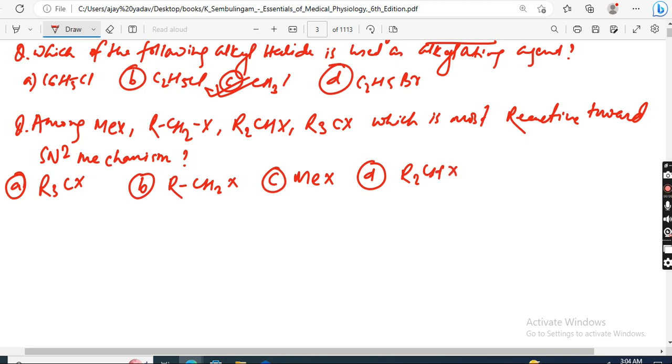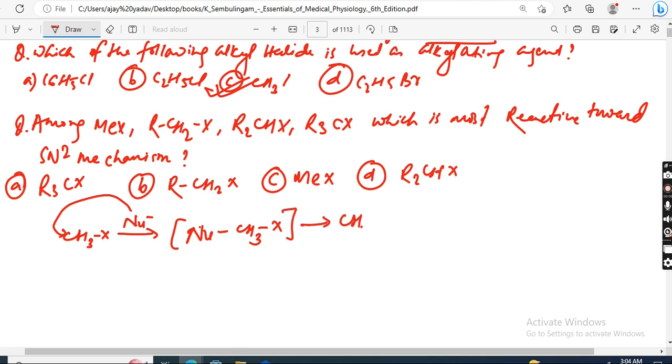So we know for the SN2 mechanism, remember what the SN2 mechanism was. Suppose this is CH3X, then there was a nucleophile attacking it from the backside to form an intermediate complex, and then this was giving CH3Nu plus X minus, right?